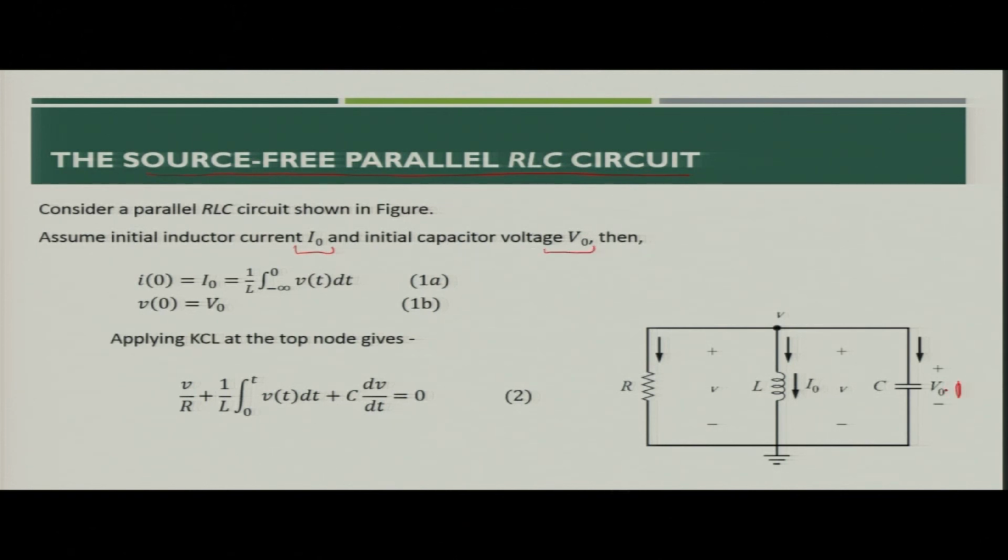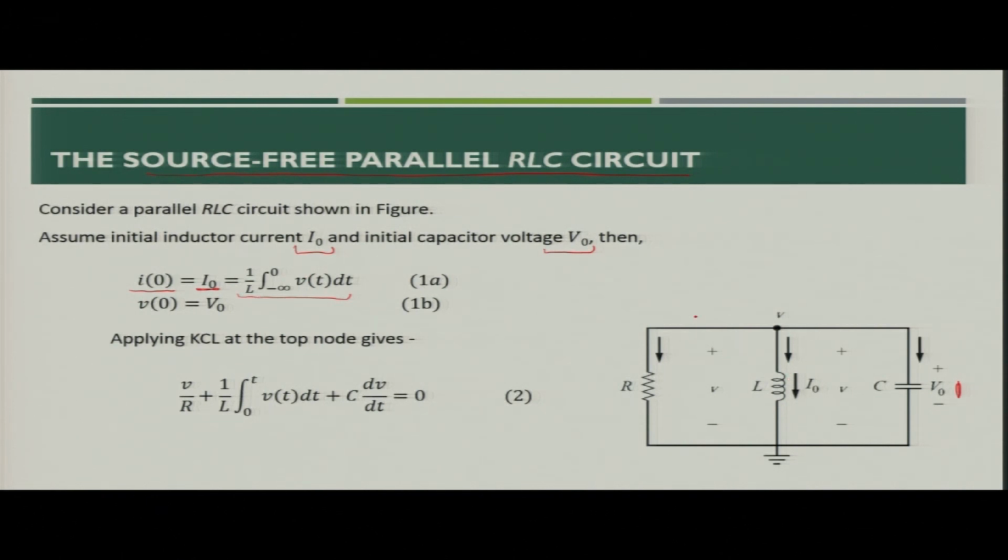So, you can write I at time t equal to 0 is nothing but I naught, and you can represent it as the integration of v(t) dt, where the integration ranges from minus infinity to 0, because this is the time where the system is at rest initially.